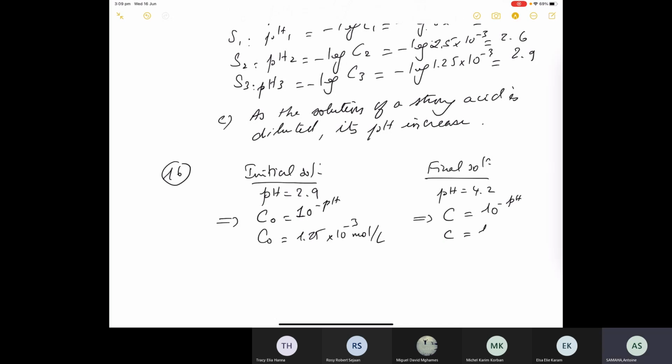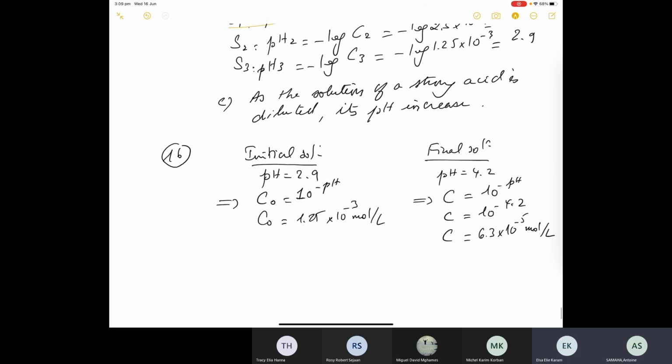Here, 10 to the negative 4.2 comes out 6.3 times 10 negative 5 mole per liter.